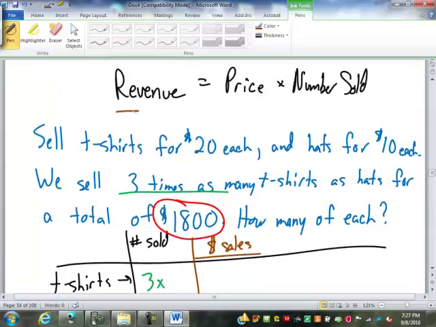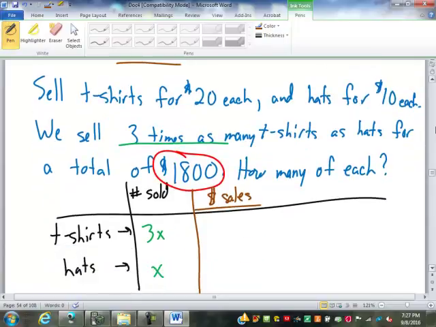The revenue is the price of each times the number sold. So what's the price for t-shirts? $20. How many are sold? 3X. So it's 20 times 3X. For hats, what's the price for hats? 10, and the number sold is X. So 10 times X is the dollars from hats.